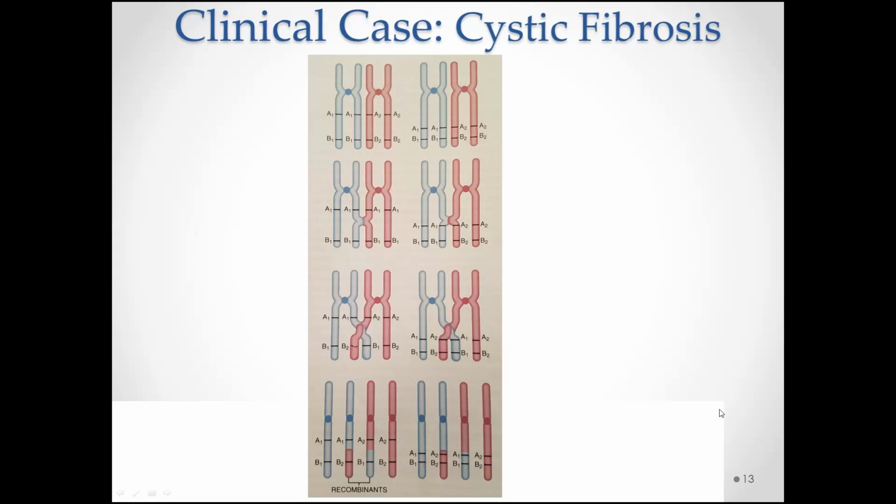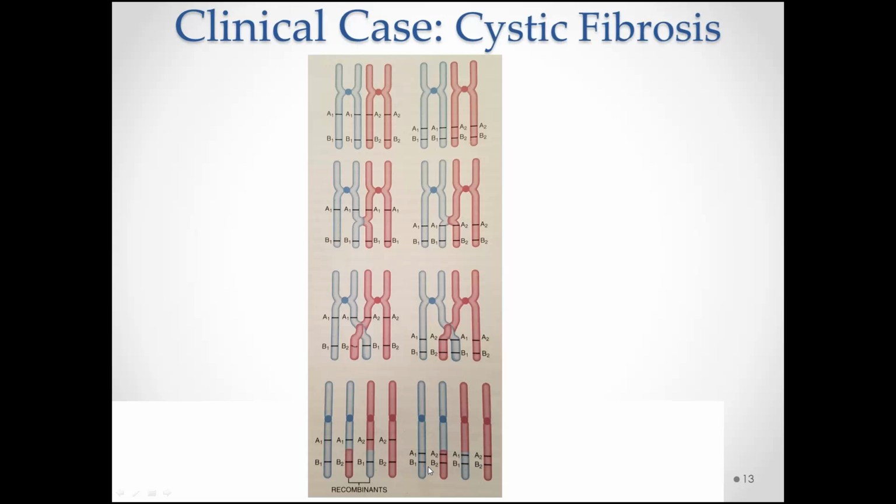And it's pretty simple. It's really just remembering what happens in recombination and recognizing that if 2 different spots on a chromosome are far apart, then there's a chance that crossing over will occur between those markers, whereas if markers are very close together, there's less of a chance that crossing over will occur between them.